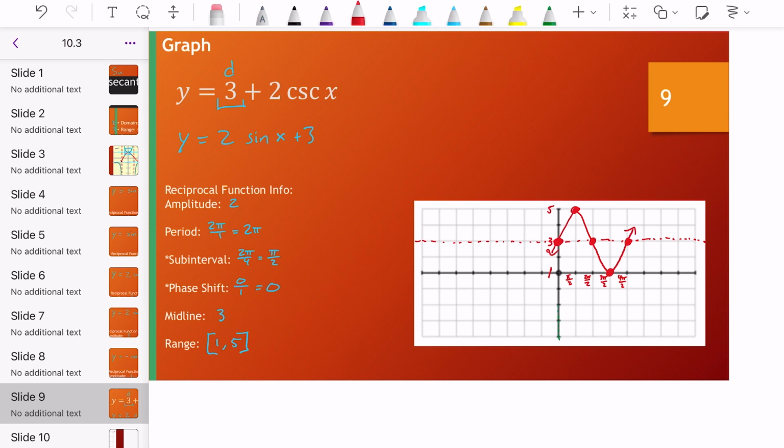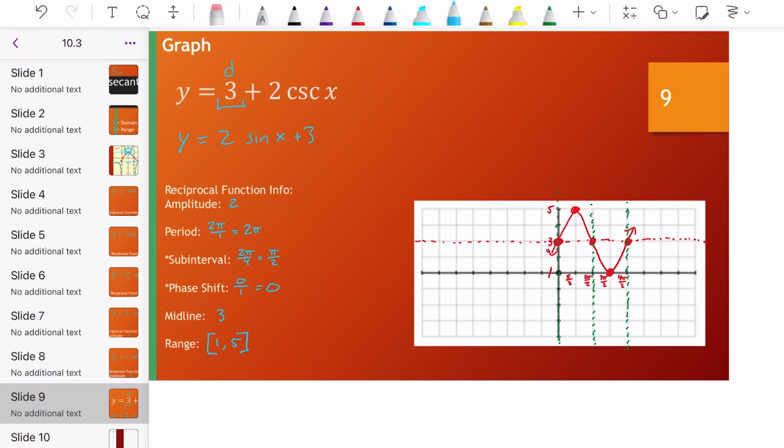From there, keep an eye out for any lines that hit our midline. In this case, it will happen on the y-axis. It will happen at 2 pi over 2 and 4 pi over 2.